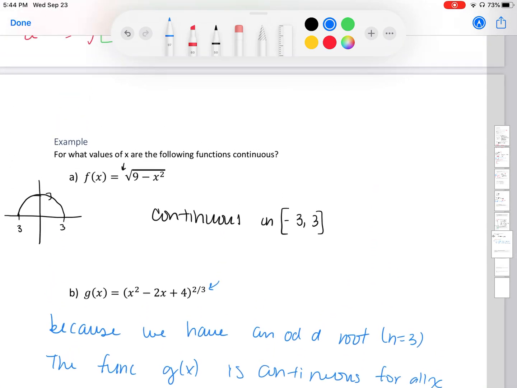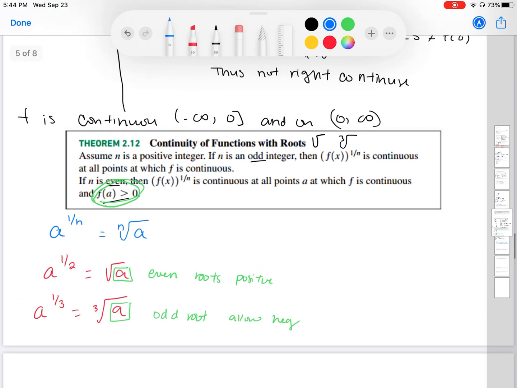And this is because, again, for our theorem right above, we have continuity rules that apply to roots, meaning an exponent denominator or a radical, depending on your perspective, right?